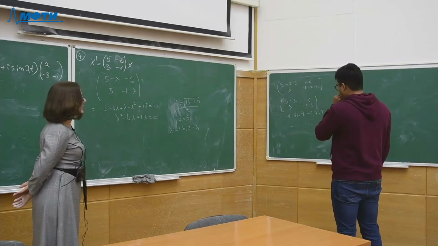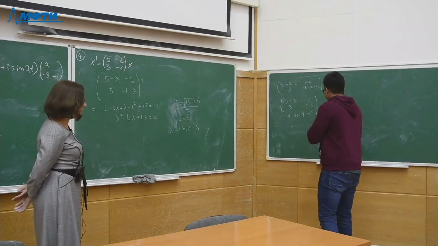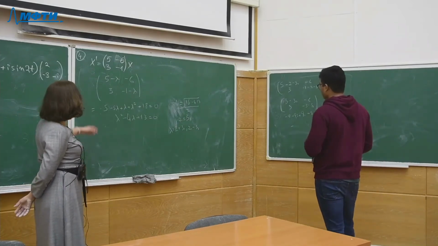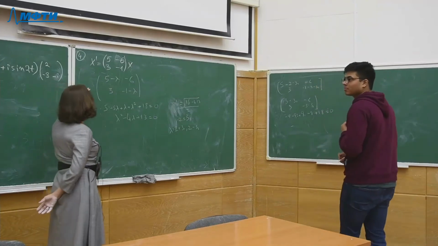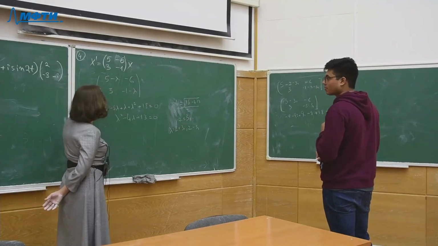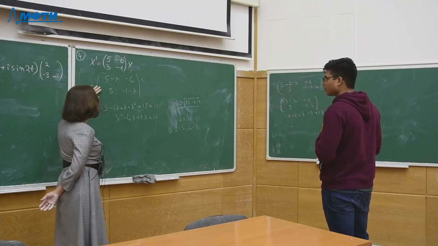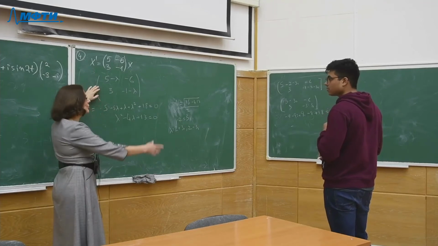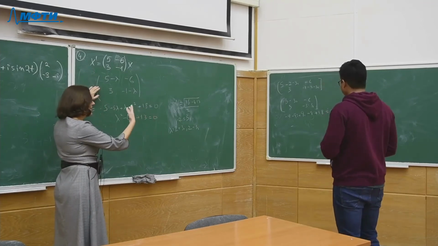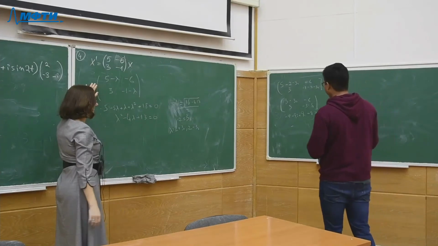Right, so the determinant must be 0 because it follows from our construction. So lambda was found so that the determinant of this matrix is 0. So you have checked that it is actually 0, right?